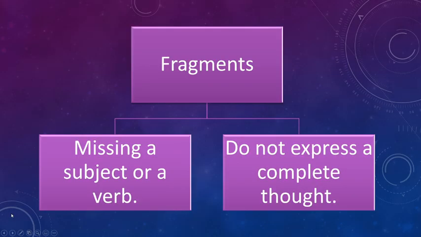Moving on, let's go on to fragments. So a fragment is a piece of a complete sentence. It is incomplete. Why? Because it's missing at least one of the 3 elements that we talked about before. It's either missing a subject, a verb, or it does not express a complete thought.